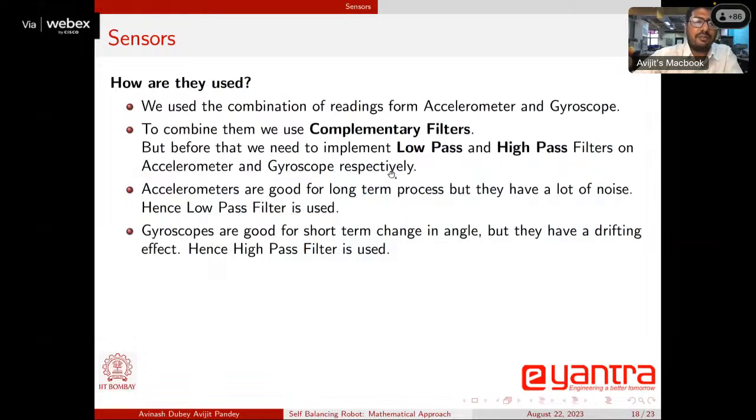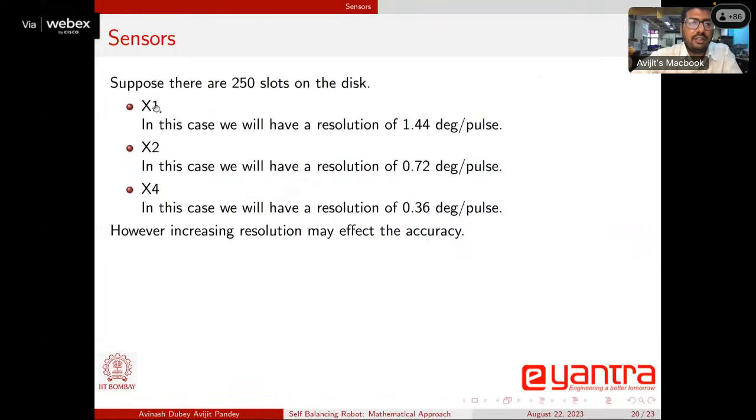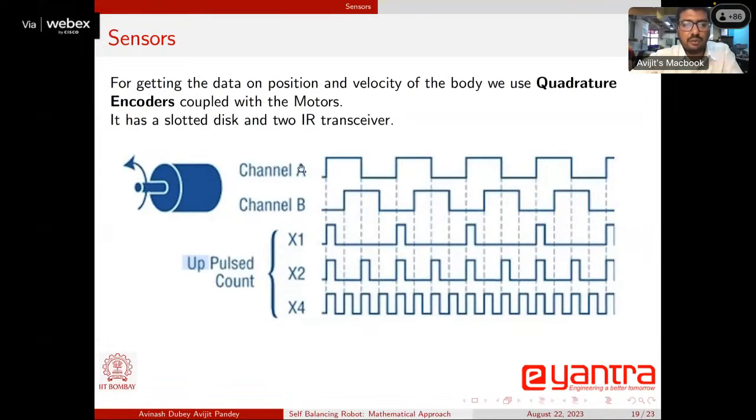In single mode, only the rising edge was used to count the pulses. In dual mode, both the rising edge and falling edge of one channel are used to calculate the events. So what will happen? For the same one rotation in dual mode, instead of 100 events, we'll have 200 events. So that resolution gets further improved.